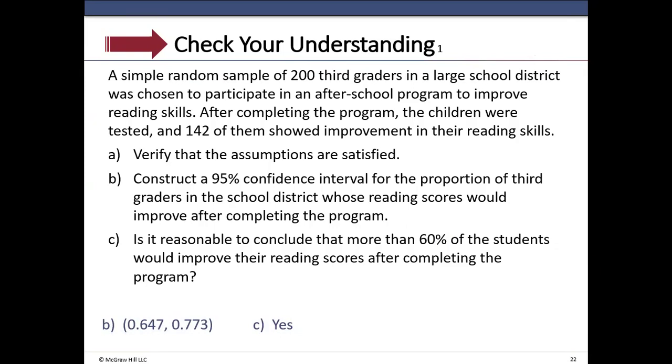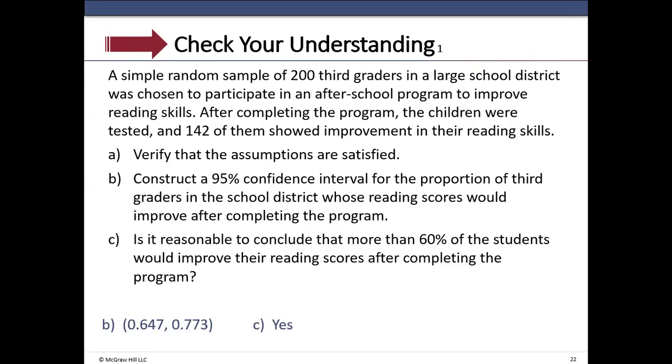And what is the upper boundary? It is the sample proportion 0.71 plus the margin of error, which is the critical value 1.96 times the standard error, 0.032. Okay, so 0.71 is the sample proportion plus the margin of error 0.063 is 0.773.